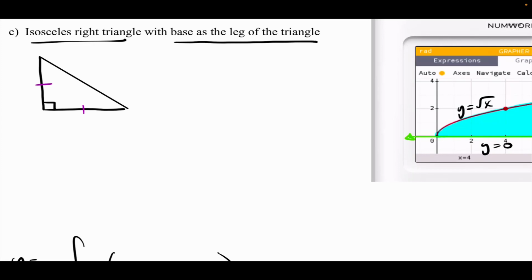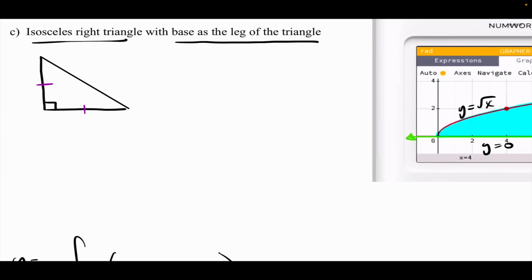What are the 2 angles going to be? What are these 2 angles? Do we know what these 2 angles have to be? 45. 45, 45. It's a 45, 45, 90. Isosceles right triangles are all 45, 45, 90 because 2 of the sides are the same. And since one of the angles is 90, the other 2 angles have to be the same size, so they're both 45s. Okay.